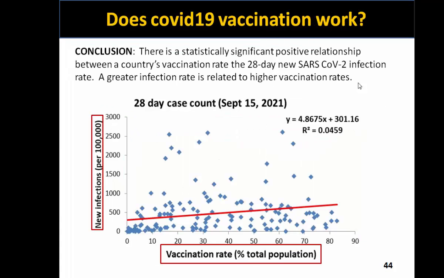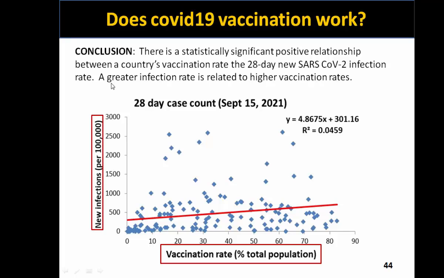And so what we would conclude at this point is that there is a statistically significant positive relationship between a country's vaccination rate and the 28-day new SARS-CoV-2 infection rate.